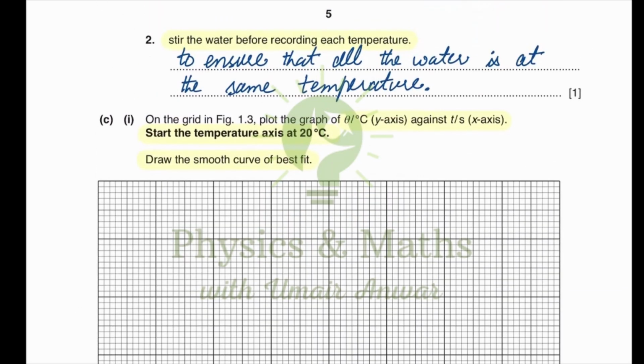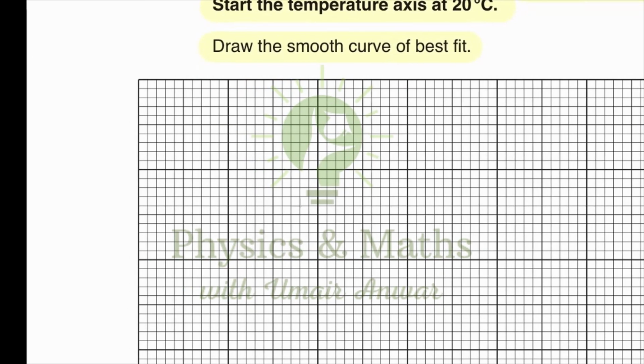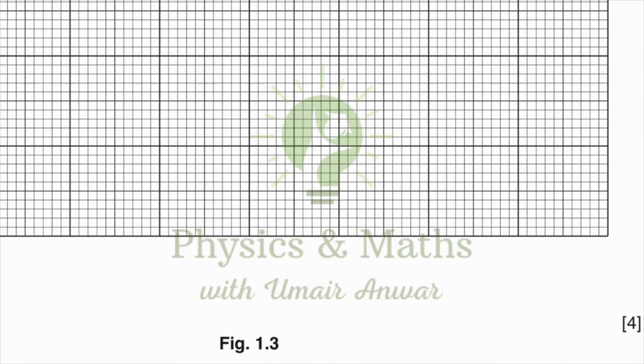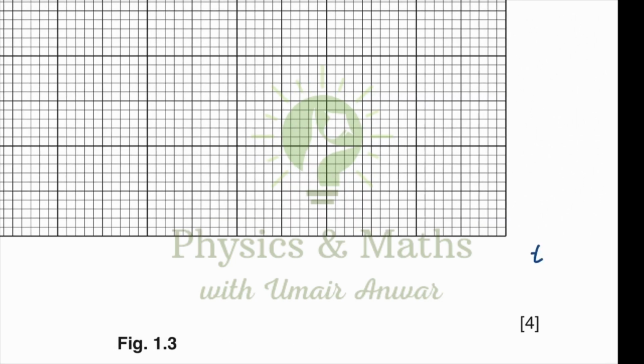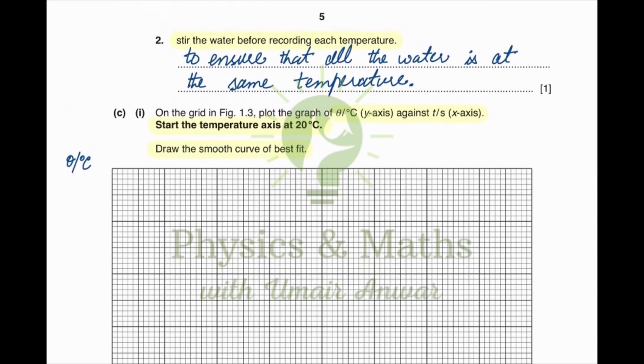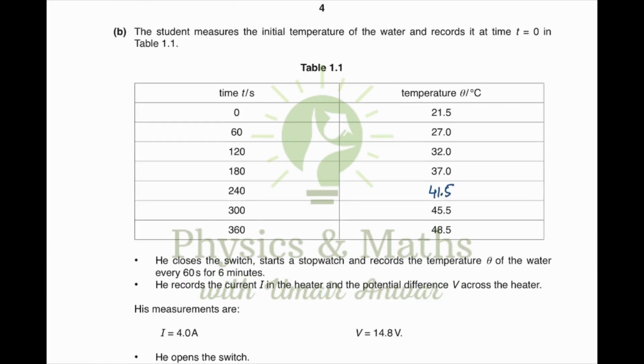Okay, so the first thing in the questions of the graph is to label the axis. So I'm writing theta means temperature in degree centigrade on the y-axis and time in seconds on the x-axis. The second thing we have to do is to decide what type of scale are we going to use.